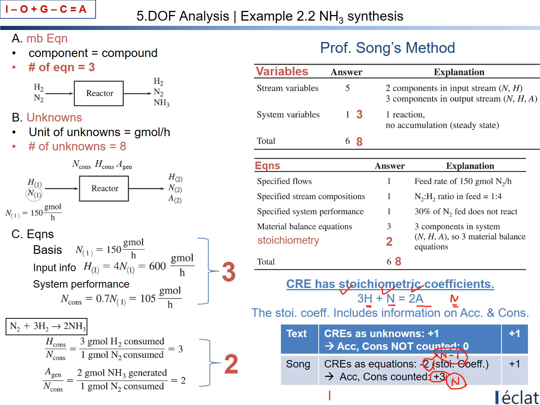So the degree of freedom for the chemical reaction equation is n minus (n minus 1), which is equal to plus 1 here.